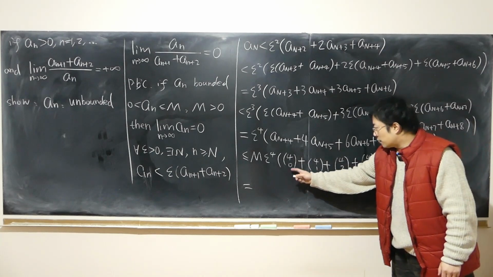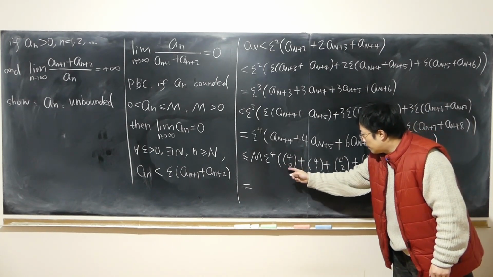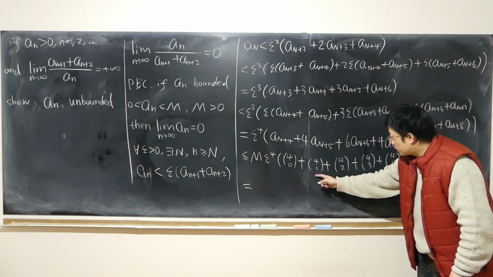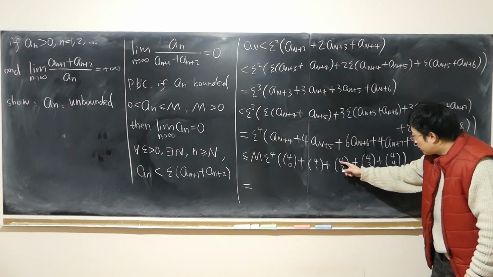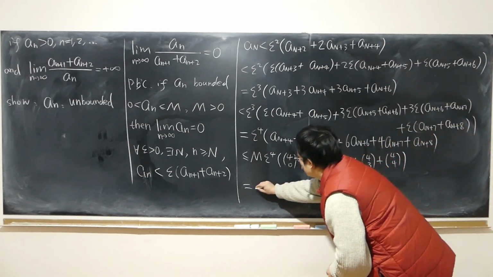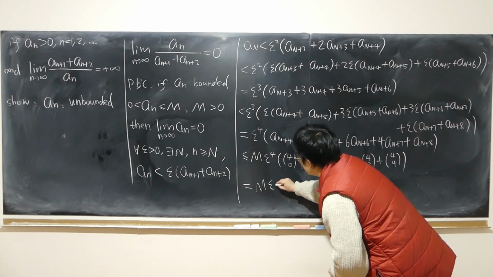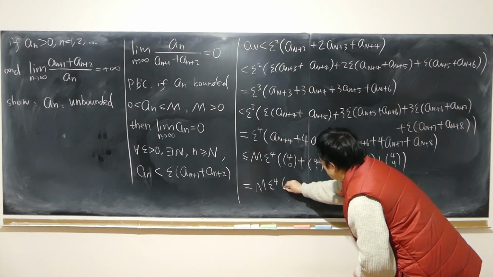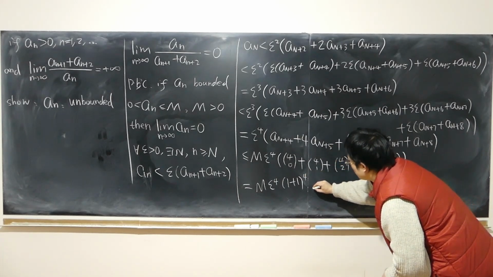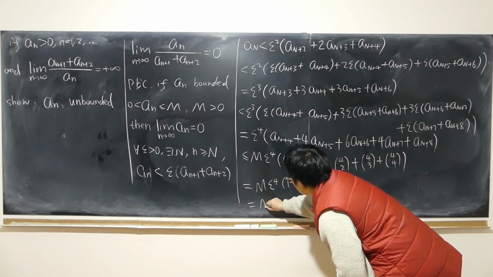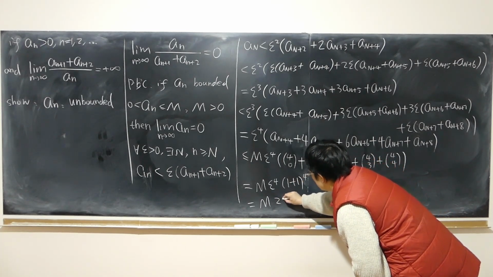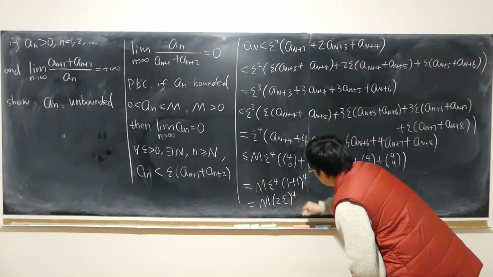So again, clearly you can see 1 times 1 to the power 4 times 1 to the power 0, 1 to the power 3 times 1 to the power 1, 1 to the power 2 times 1 to the power 2. So immediately, m times epsilon to the power 4 times (1 plus 1) to the power 4. That is m times 2 to the power 4 times epsilon. So (2 times epsilon) to the power 4.